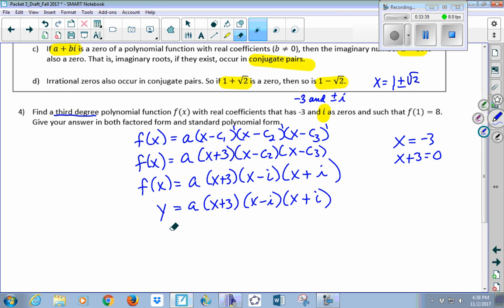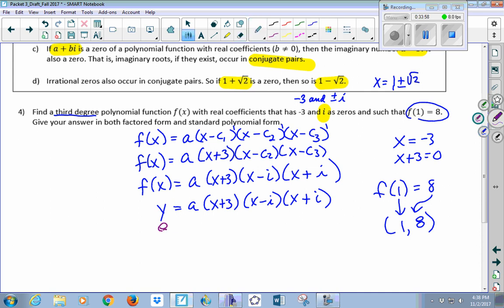We don't see the graph, but we see something right here. f of 1 equals 8. 1 is our input value, our x, and f of 1 is the same as our y value. So to find a, I substitute 8 where I see y, and where I see x, I'm going to substitute a 1.